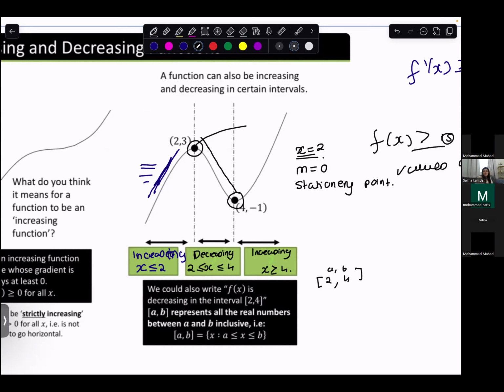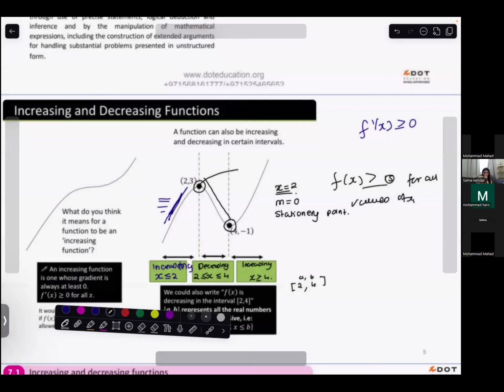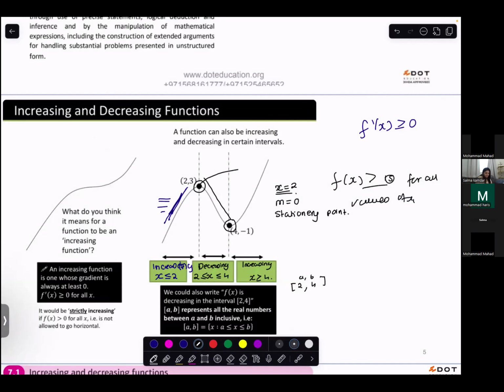So when you are asked to find the coordinates of the turning point, stationary point, what will you do? How will you find it? If you want to find a point which is stationary on the graph, what will you do?